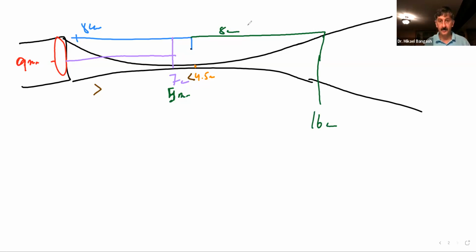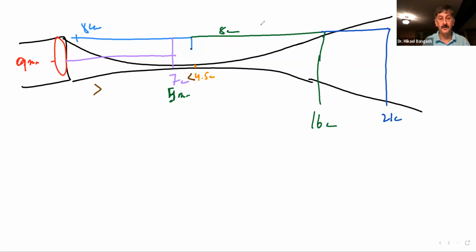We can still say it's another 5 centimeters, so this becomes an estimated 21 centimeters. Now, what numbers do we have? We have 1 centimeter, 9 millimeters, 5 millimeters, and 14 millimeters.